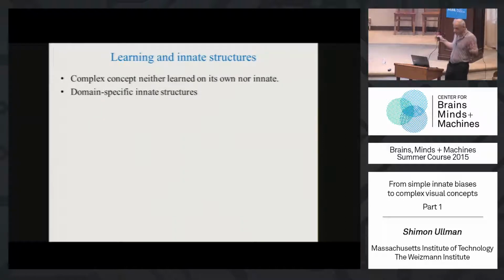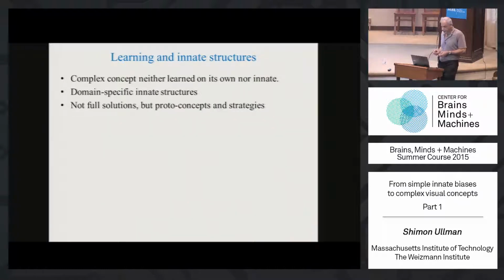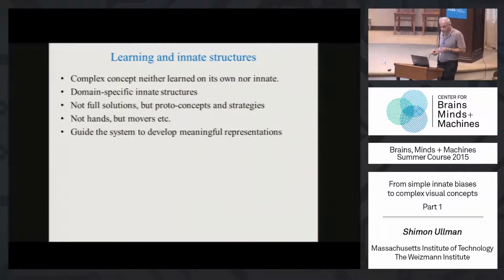And this is not just a very generic learner; in this case, the learner was looking for mover events or things like it. So it's not the hands, it was the movers, and this guides the system without supervision, not only making supervision unnecessary, but also focusing the learner on meaningful representations, not necessarily just the first things that jump at you statistically from the visual input.